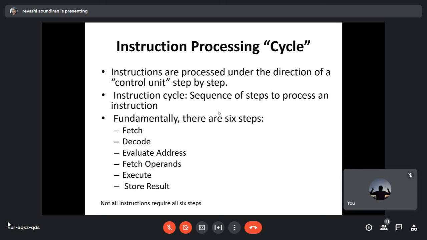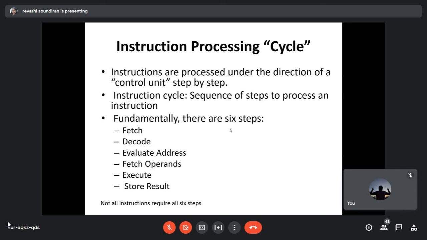So this is the basic fundamental six steps that any instruction may go through. Not all the instructions are required to follow all six steps.